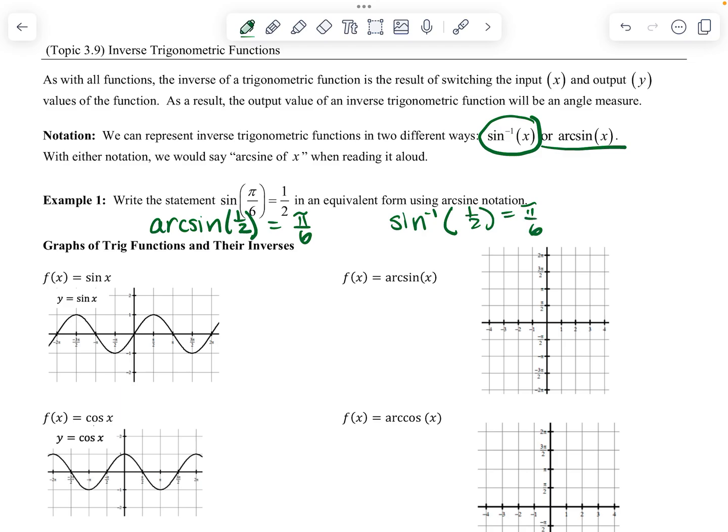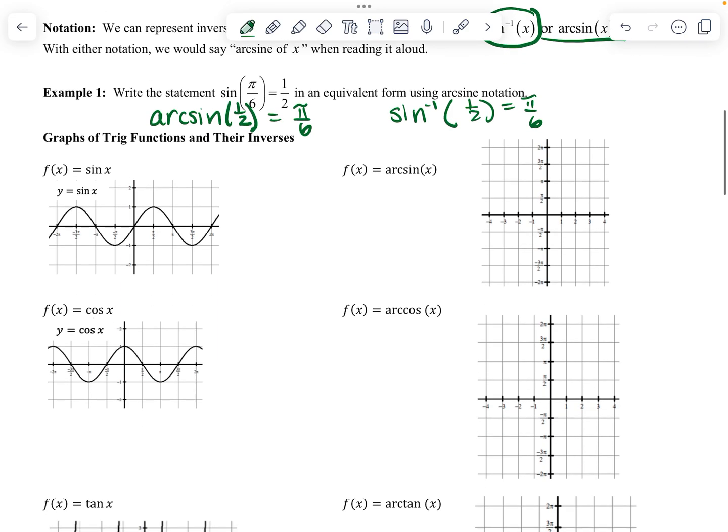So as we can see, our input is the side length, the value, and our output is the angle.